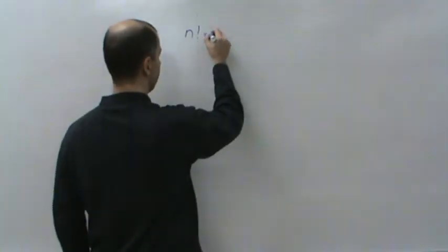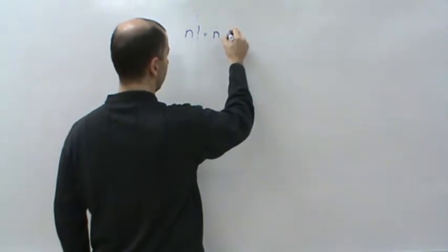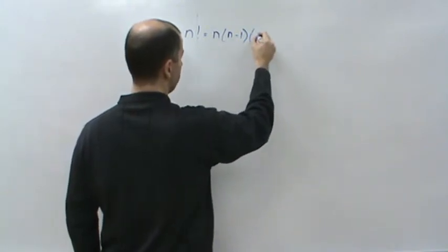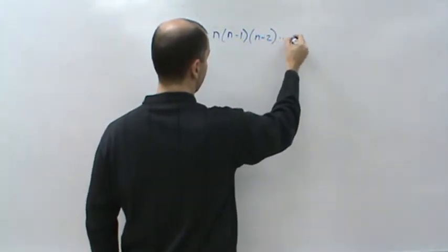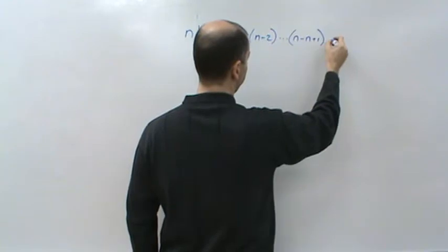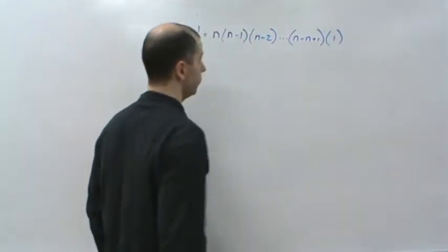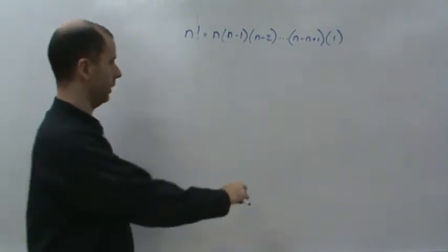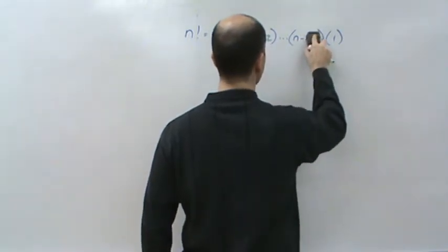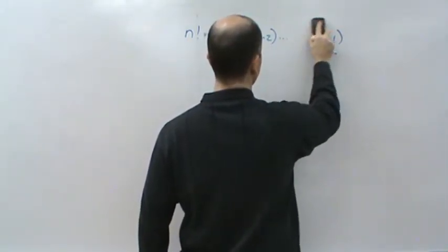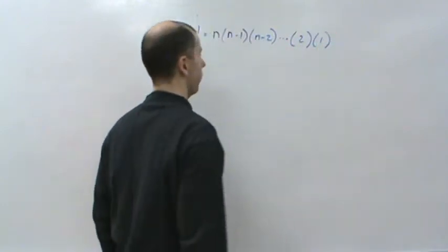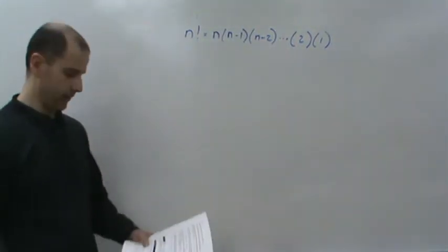So that means I'm going to take n times n minus 1 times n minus 2 all the way down to 2 times 1. Okay, so that's what it means to be n factorial.